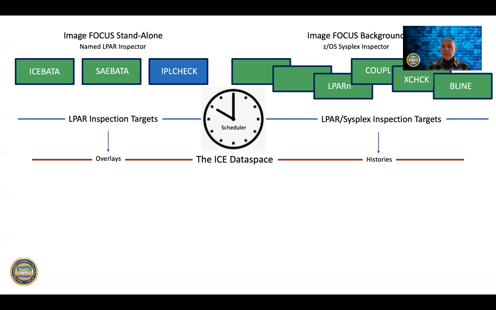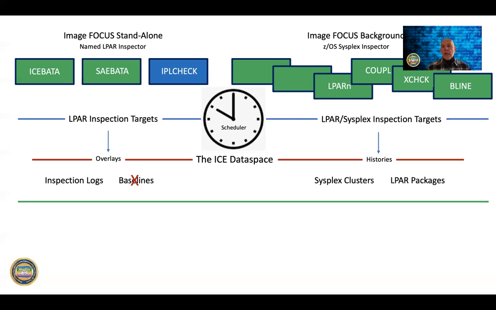It's different from the cisplex inspection perspective because the cisplex inspection process maintains histories, and those histories can be good for forensic and for auditing purposes. So choose your appropriate tool here. So you've got lots of information. One distinction of IPL check is it doesn't save baselines, so only the inspection logs themselves.